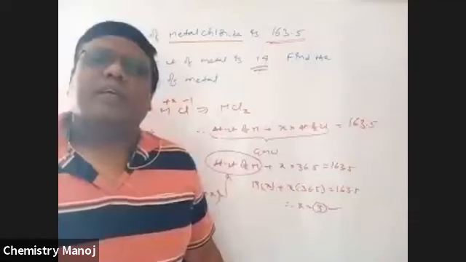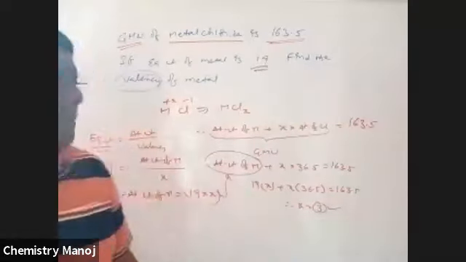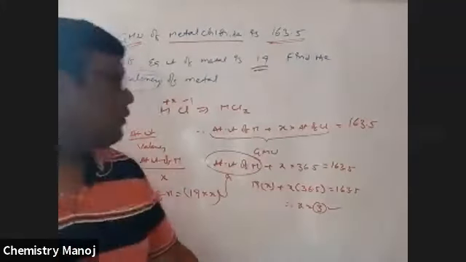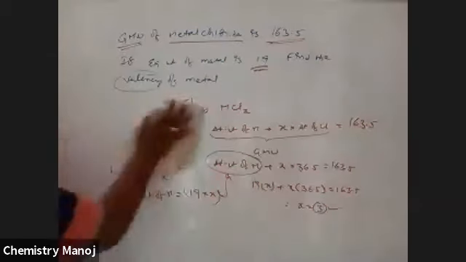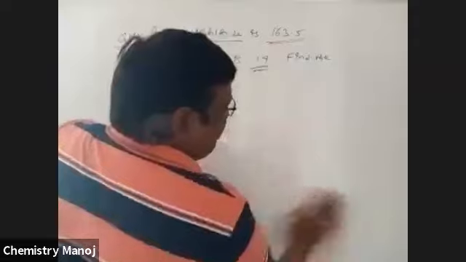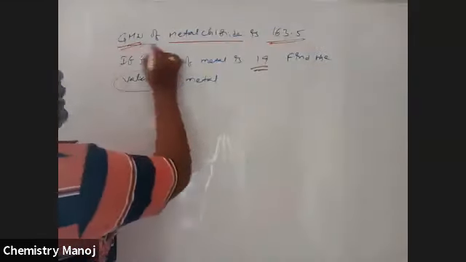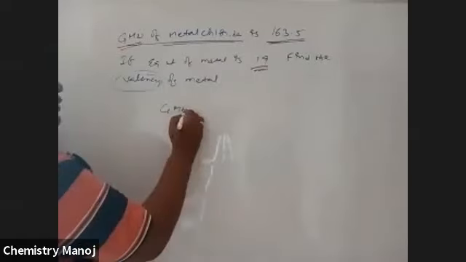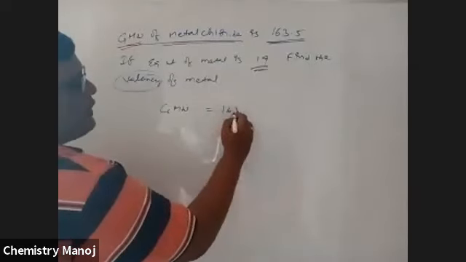My doubt is here. Tell me, gram molecular weight of metal chloride is 163.5. Gram molecular weight is equal to 163.5. Okay.